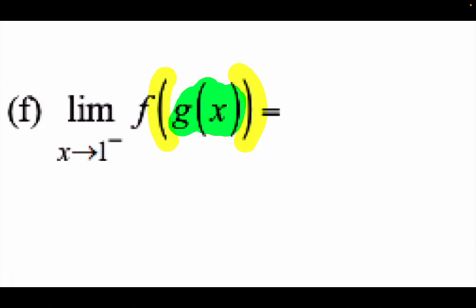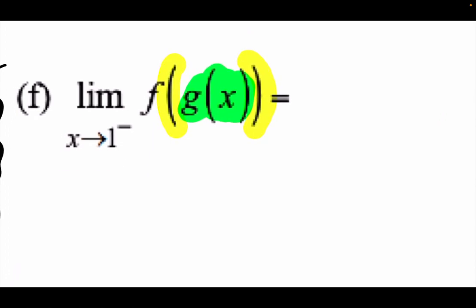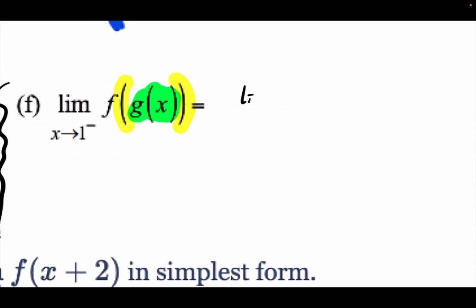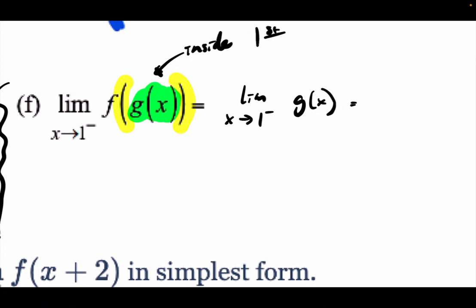In math, when we have parentheses, where do we always start? On the inside, right? So I'm going to start with g. I'm going to find the limit as x approaches 1 from the left side for g of x. That's the first thing I'm going to do, the inside. Inside first.